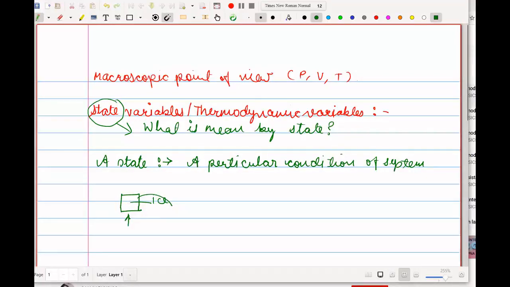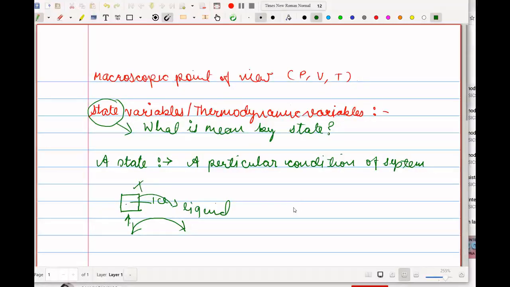It is in solid form, then it becomes liquid form. Its phase changes. In thermodynamics we call it a phase change. So this is not a state.